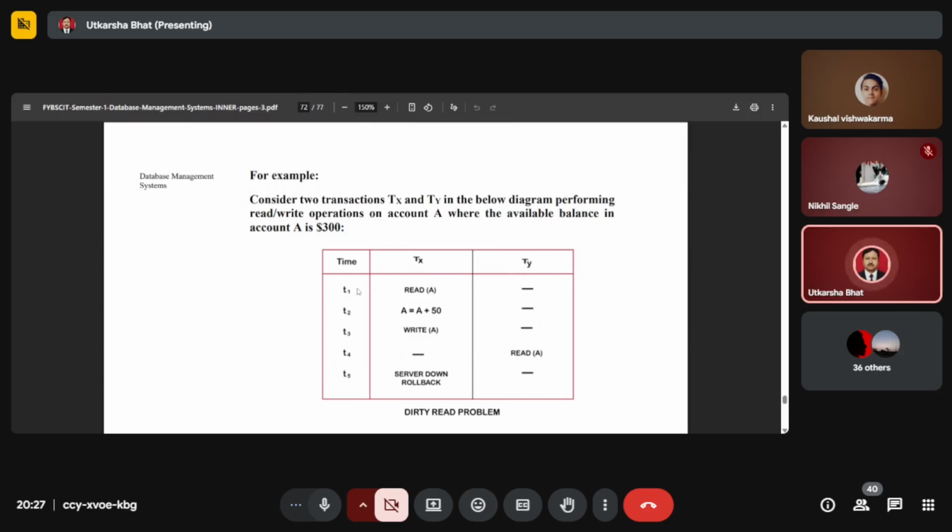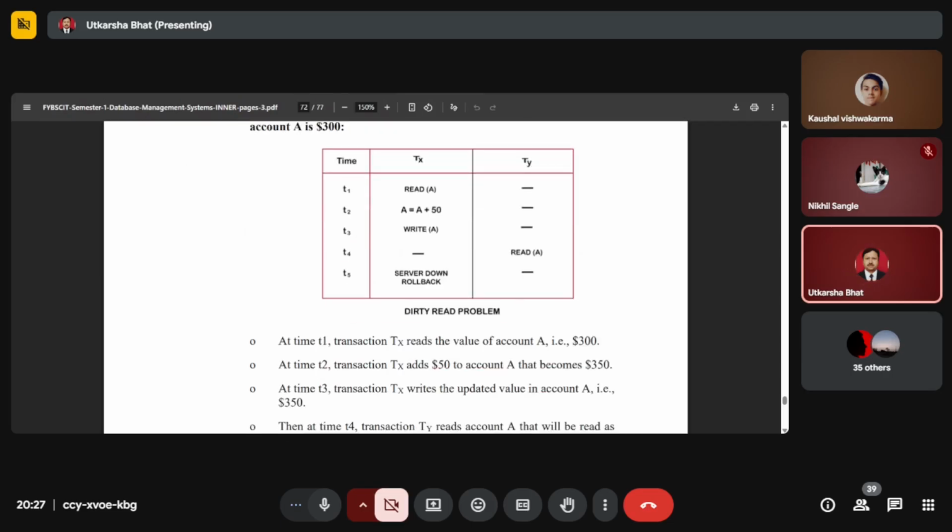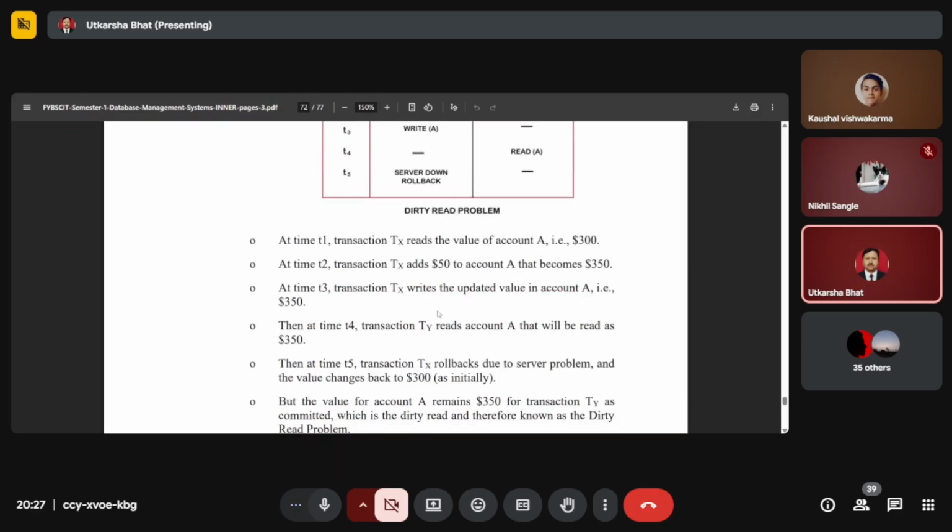Suppose at the time of T1, read A; at T2, A is equal to A plus 50, write A. 300 plus 50 is 350. At T4, read A; server down, rollback at T5. Look at what is happening at T4: at the time of T4, transaction Ty reads account A. That will be read as 350.